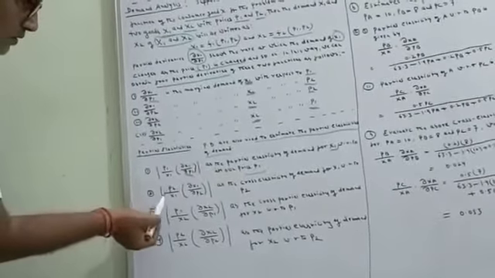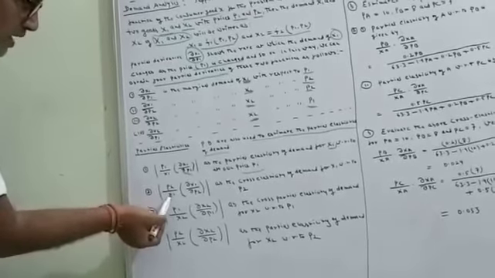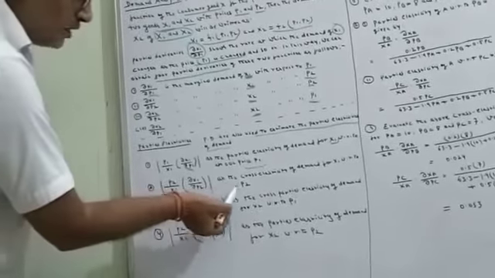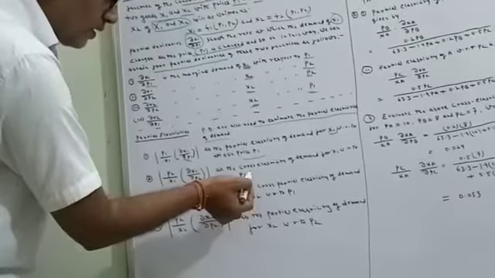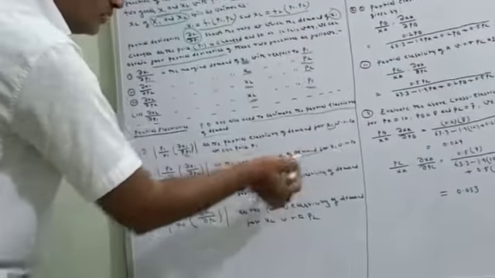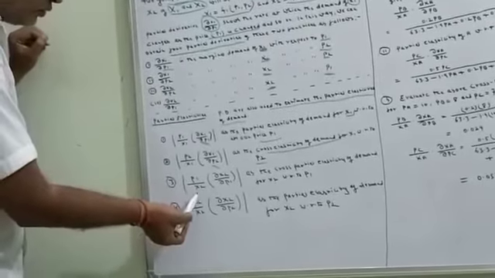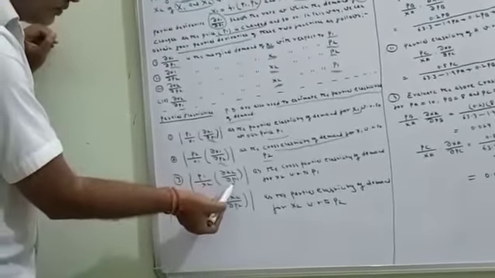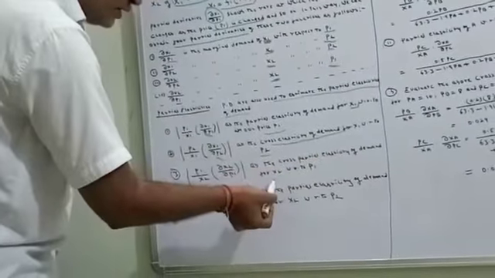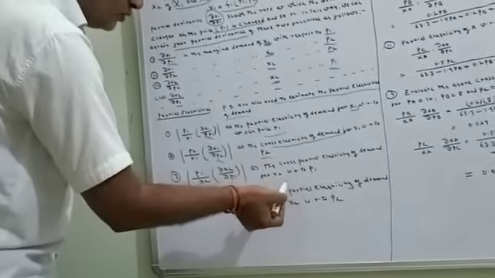Similarly, p2 by x1 del x1 with respect to p2 is the cross elasticity of demand for x1 with respect to p2. Similarly, p1 by x2 del x2 with respect to p1 is the cross partial elasticity of demand for x2 with respect to p1.